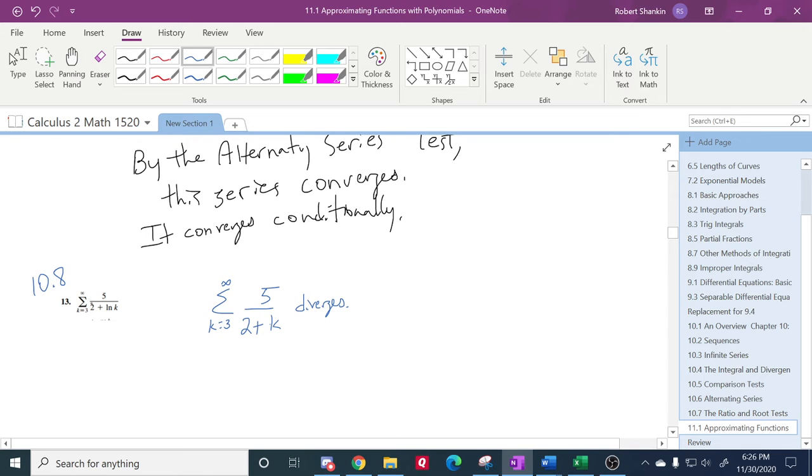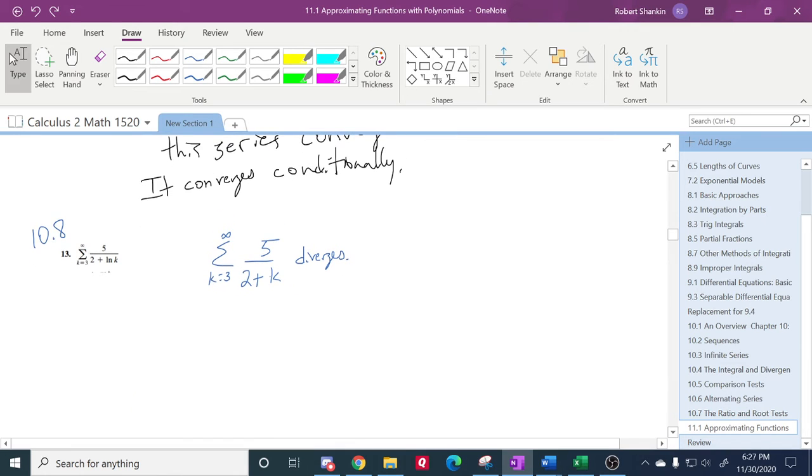If this had an extra k in its denominator, then I'd be interested in using the integral test, because then it would be easy to integrate. But like this, it doesn't look like it's very easy to integrate. So I know it's diverging because it's slower than this. How do I prove it?